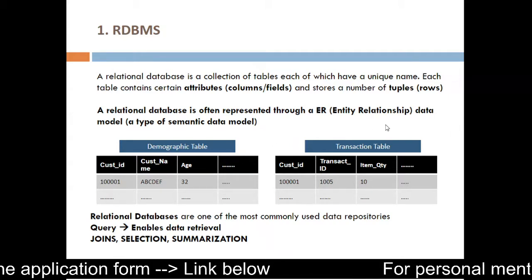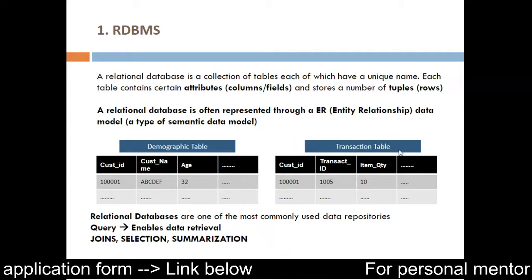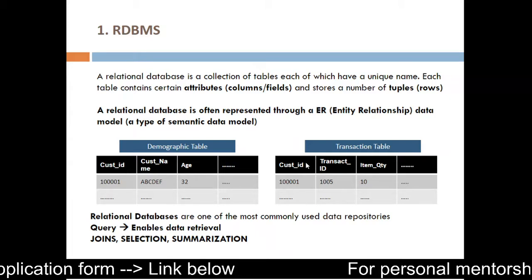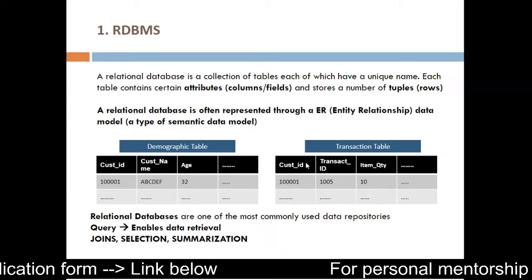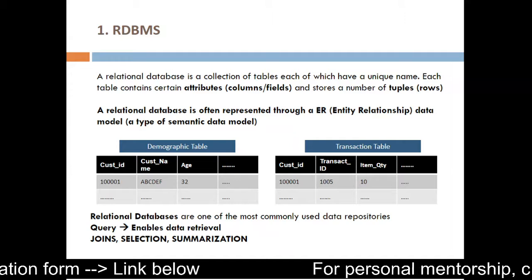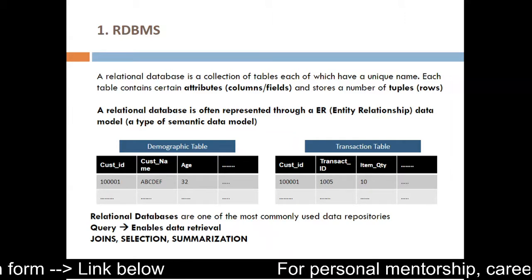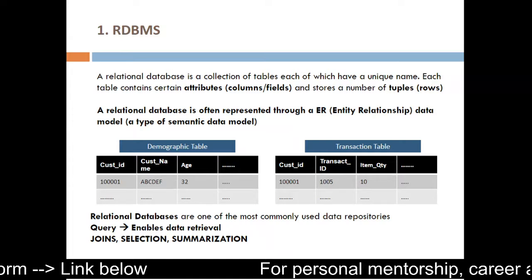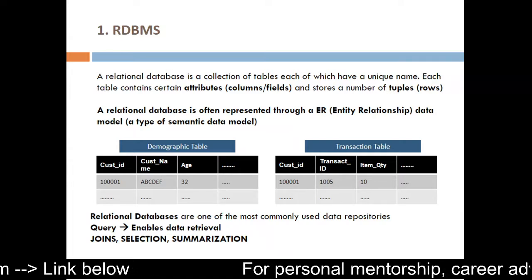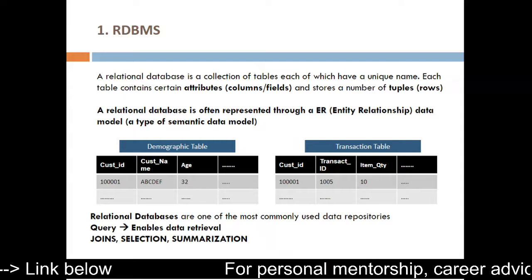Similarly, you can also have a transaction table where you are looking at the different transactions that a particular customer has done at a particular store. This kind of data would include things like where did he go, what did he shop, how many items, at what price.